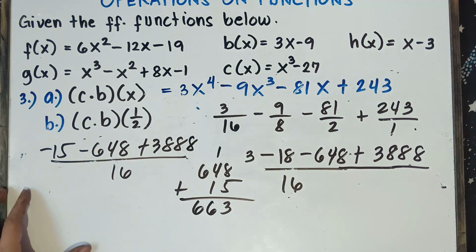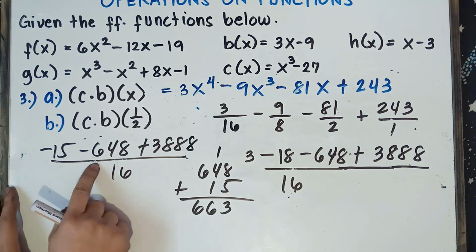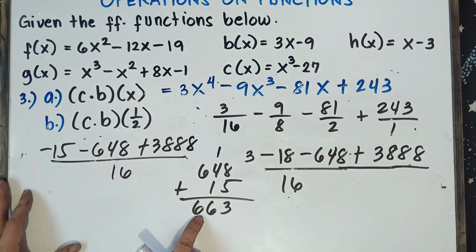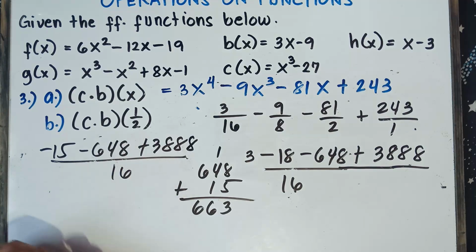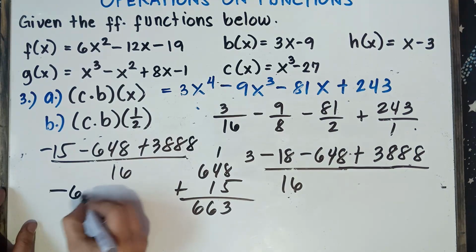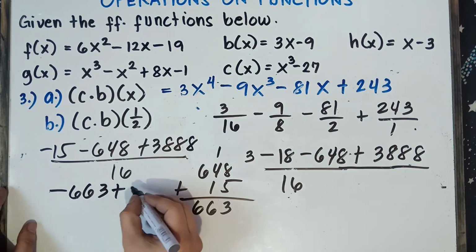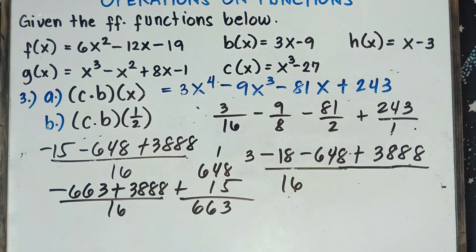That would be negative 663. Once again, class, both negative, simply copy the negative sign and add the numbers. We don't have enough space, so let me just write negative 663 and then plus 3888 over 16.